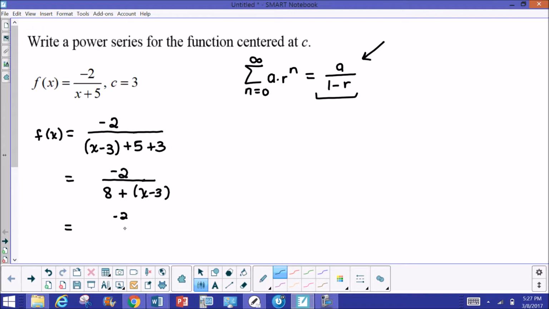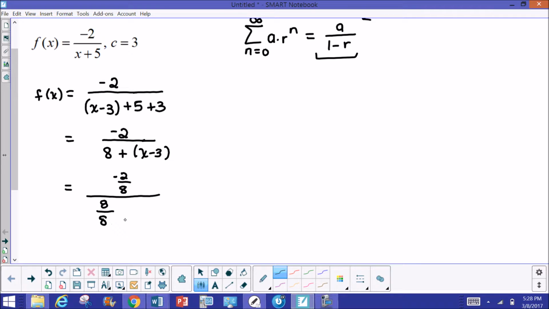We're just going to divide the top and the bottom by 8. At that point, this would simplify to be -1/4 on top over 1 plus the quantity x minus 3 all over 8. But we still don't quite have that look that we're going for.